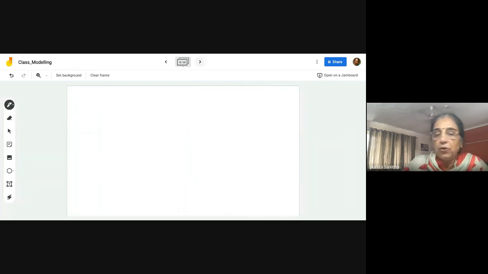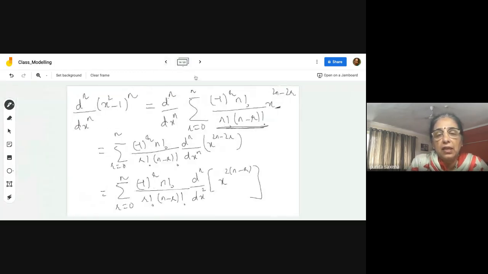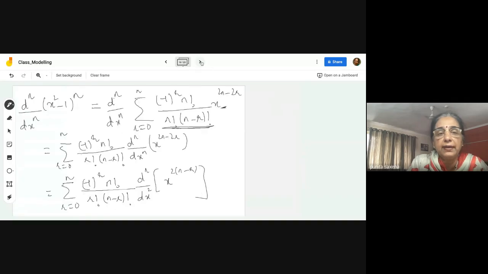Now see, according to Rodrigues, what was your Pn(x)? It was 1 upon 2 to the power n n factorial into the nth derivative of (x square minus 1) to the power n. Now, instead of this term, can I not write this whole summation? Because this is the nth derivative of (x square minus 1) to the power n.